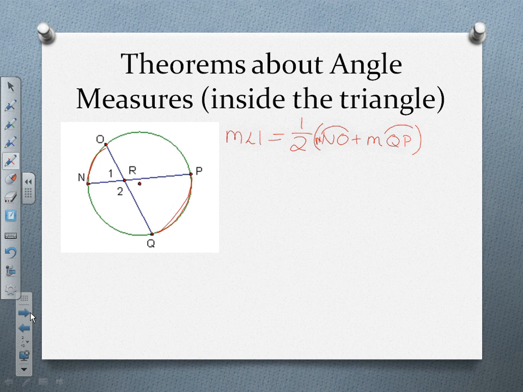Okay. Angle 2, same idea. This time it's going to intercept this arc and this arc. So the measure of angle 2 is going to be 1/2 the measure of arc OP plus the measure of arc NQ. Okay. So when they're inside, we're going to add and find the average of those, basically.